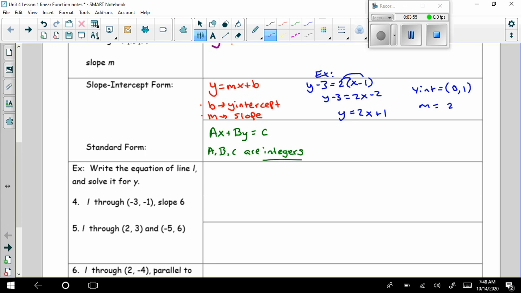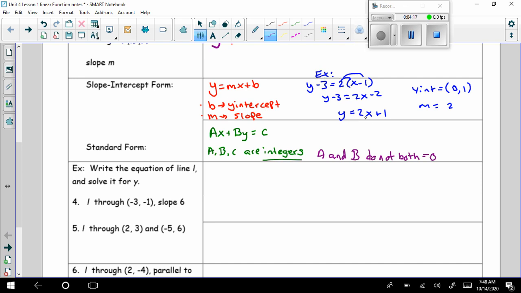So you'll see, at least on standardized tests and on worksheets, often they'll make that positive. A and B do not both equal 0, or it's not a line, right?